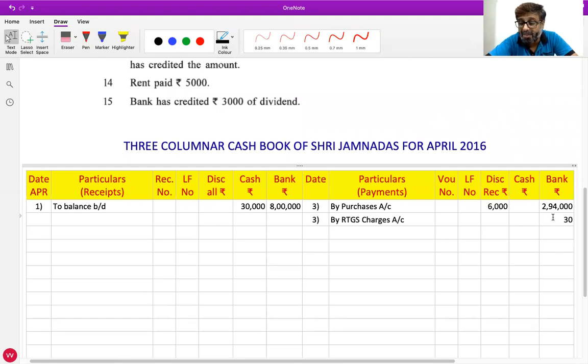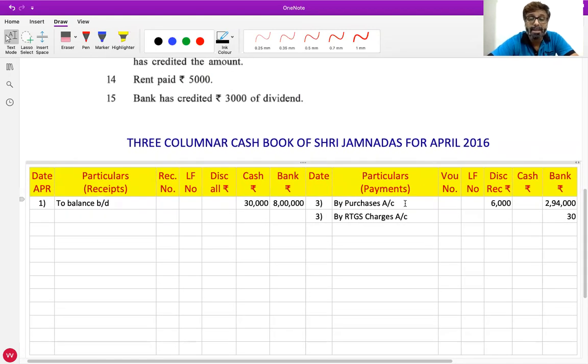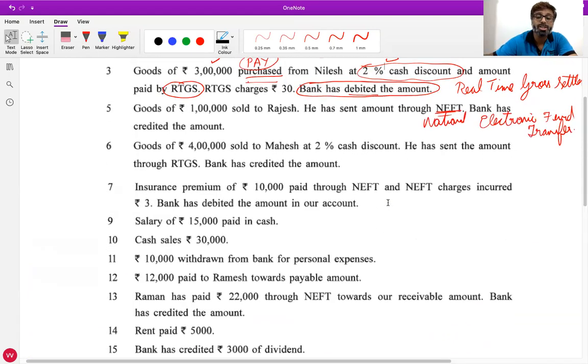Do you get 2,94,000? That will come in the bank column. Did you understand? Okay. Any other doubt? Shall I proceed further? Okay. Now the fifth question. Fifth transaction. Goods of 1 lakh sold to Rajesh. He has sent the amount through NEFT and bank. All of you see your bank has.